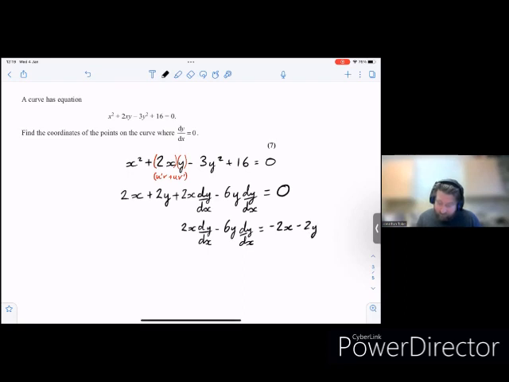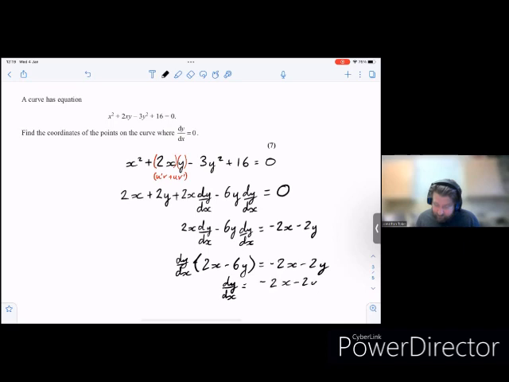We can now factorize that left-hand side. Dy by dx bracket 2x minus 6y equals minus 2x minus 2y. And then divide to get dy by dx equals minus 2x minus 2y all over 2x minus 6y.